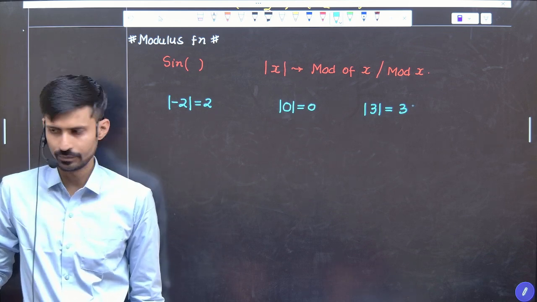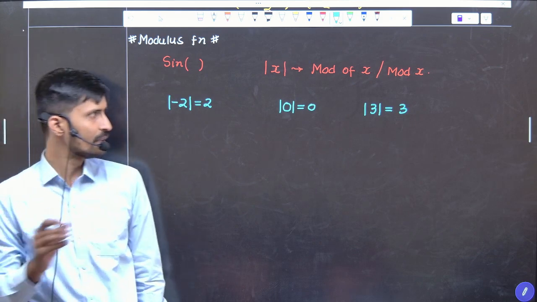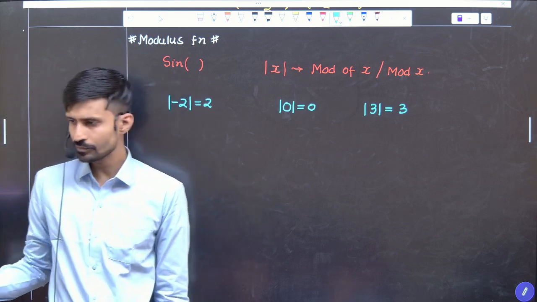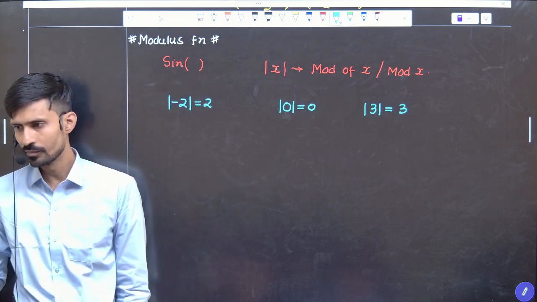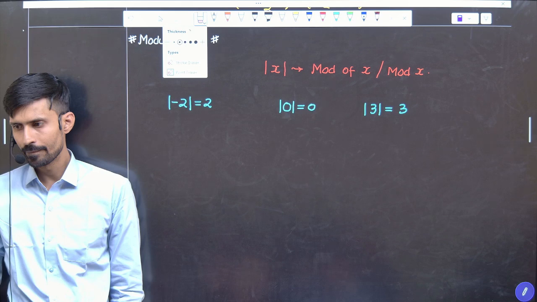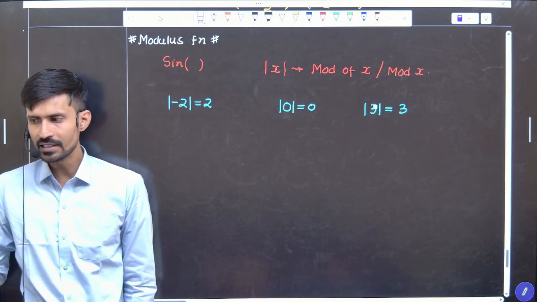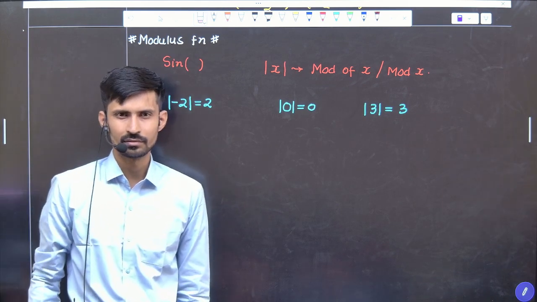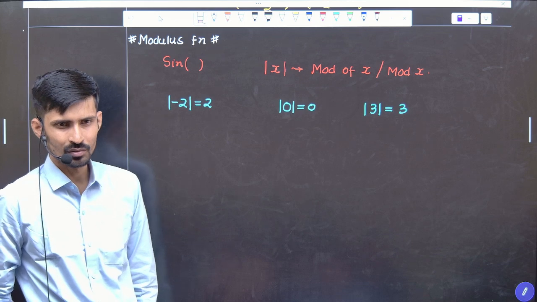Okay? Now, let's derive the meaning from here, which will be used in solving the questions. See this. If this number is positive, then there is no role of modulus. Yes or no?